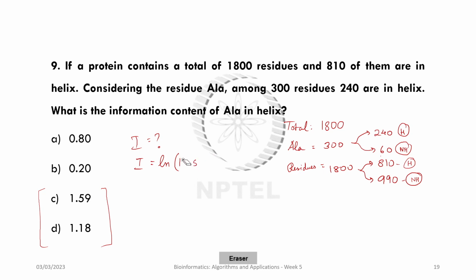For simplicity, I'm going to go with ln of A in probability of alanine as helix divided by probability of alanine not in helix. So I'm using the same annotations here, minus ln of probability of all residues in helix divided by probability of, thank you Sandhya, R in H.